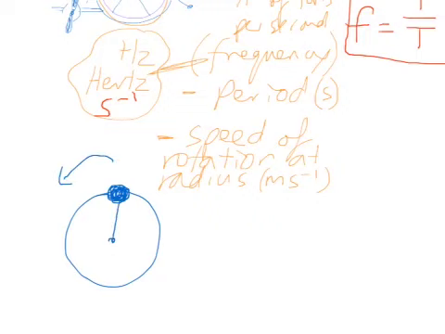There's a couple of things going on here actually. We've got to write them all down as important. We've got the instantaneous velocity, and that's at a right angle to the radius, to the radial point. The radius itself is another important bit of information, the radius being the distance from the centre to the outside.